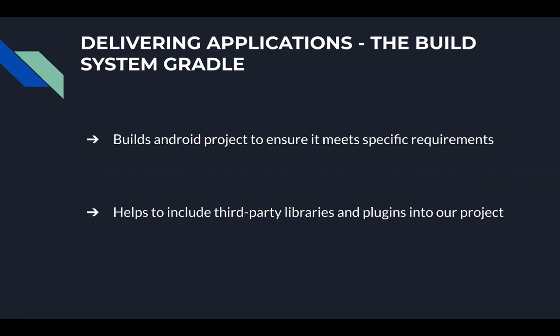The Gradle is just a system that helps us build and automate tasks. We said the Gradle system builds Android projects to ensure it meets specific requirements. So what does this mean?